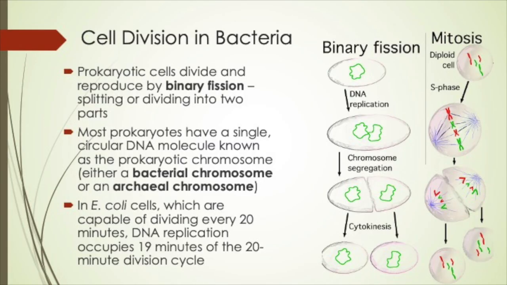So we talked about eukaryotic cell division. Cell division in bacteria goes through binary fission, basically just by splitting themselves into two parts. Most prokaryotes have a single circular DNA molecule known as a prokaryotic chromosome.